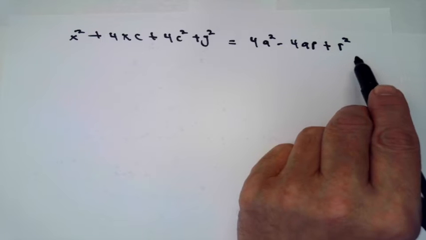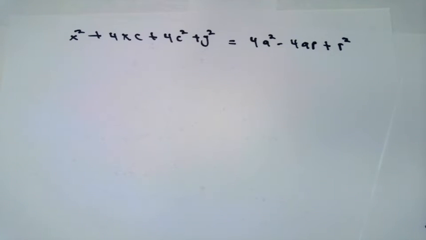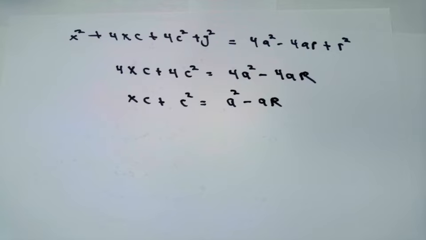There is an r squared on this side of the equation. If I subtract r squared from both sides, I can get rid of that as well. In what's left, there's a factor of 4 on every term, so I can get rid of that.